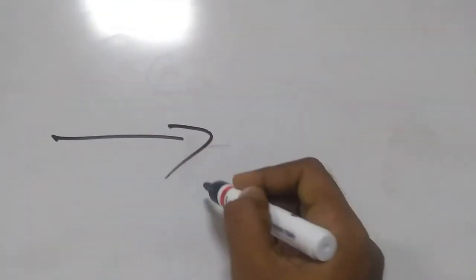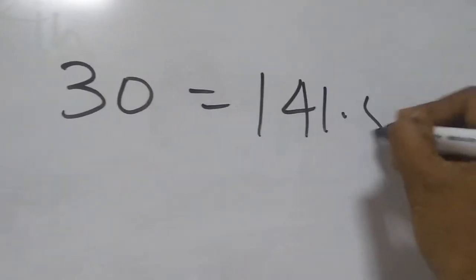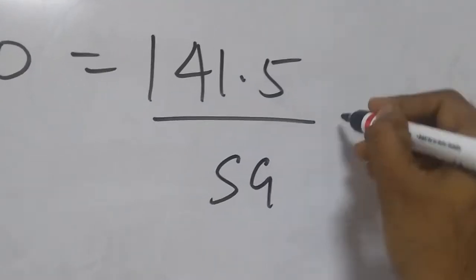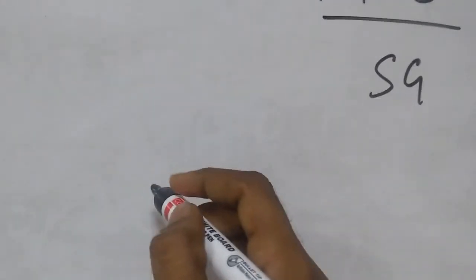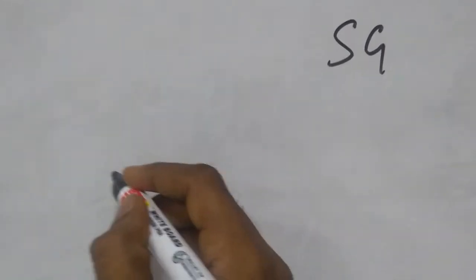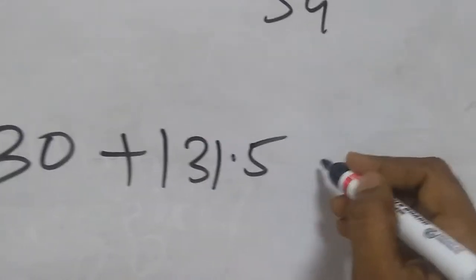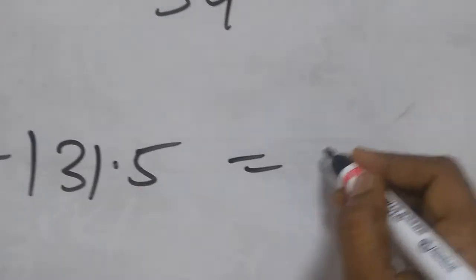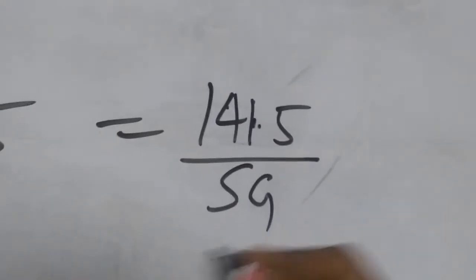So how to convert this 30 degree API? 30 is equal to 141.5 divided by SG minus 131.5. Rearranging to get specific gravity: 30 plus 131.5 is equal to 141.5 divided by specific gravity.